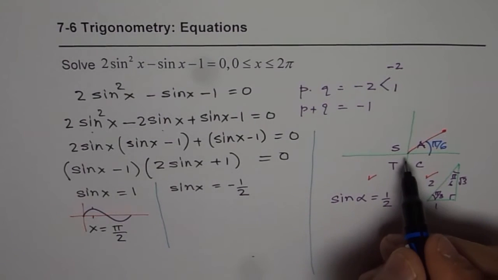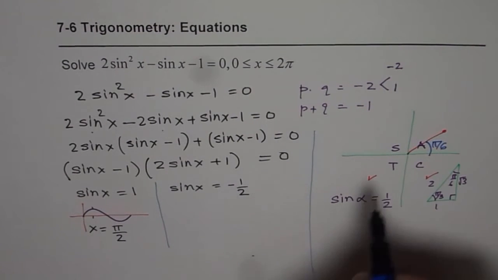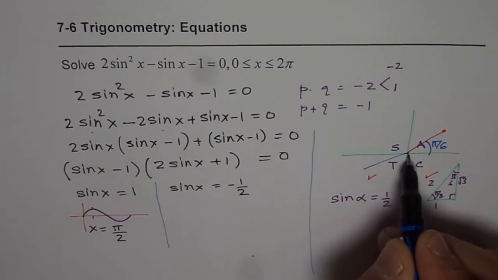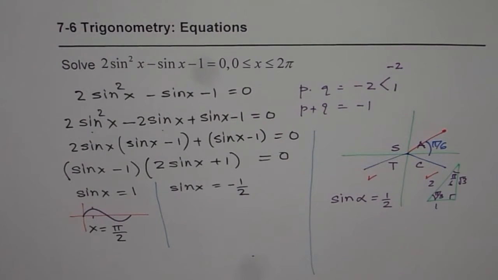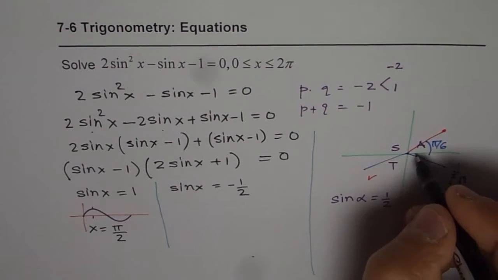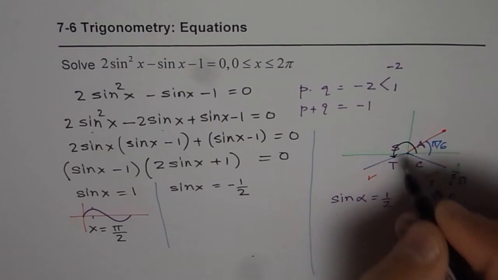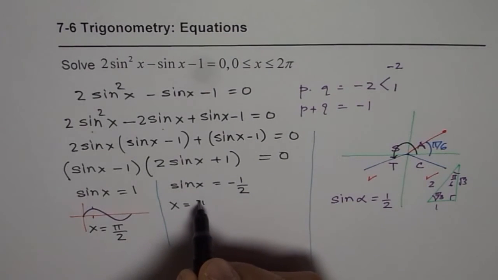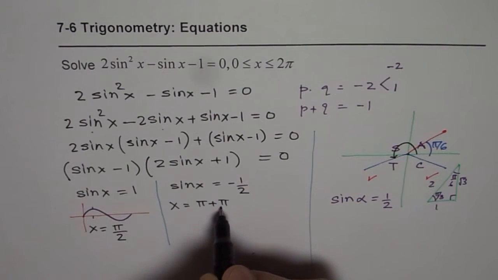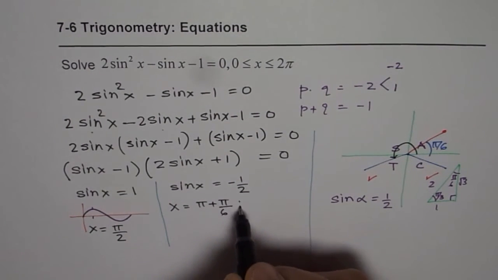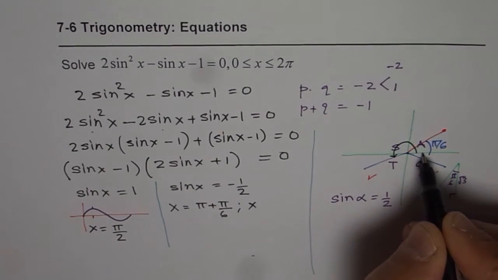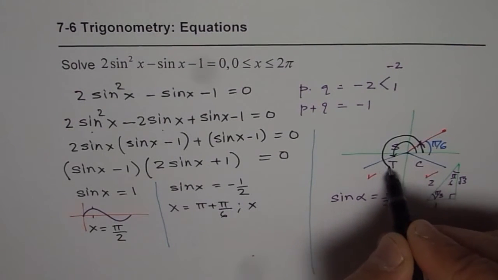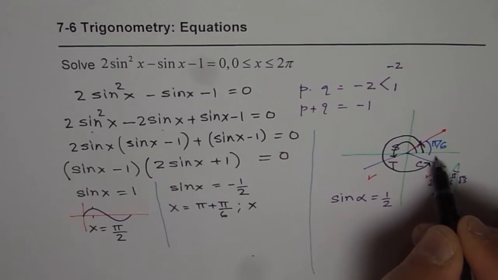Since we need minus half, with this as the reference angle, we have two solutions here. One is when the angle is pi plus pi by 6, so we have x equals pi plus pi by 6. That is one solution. The other one is when x equals 2 pi minus pi by 6.